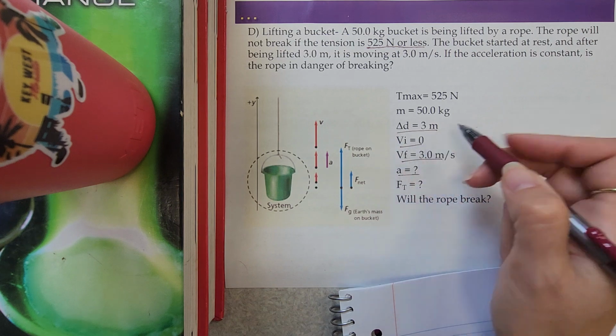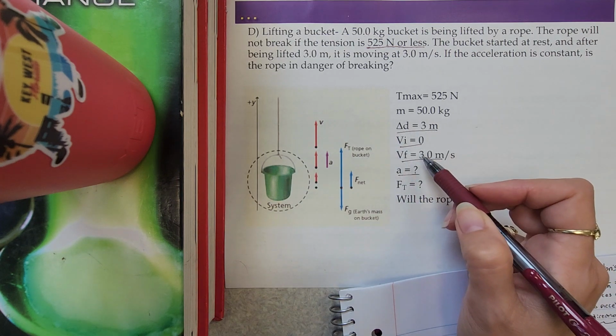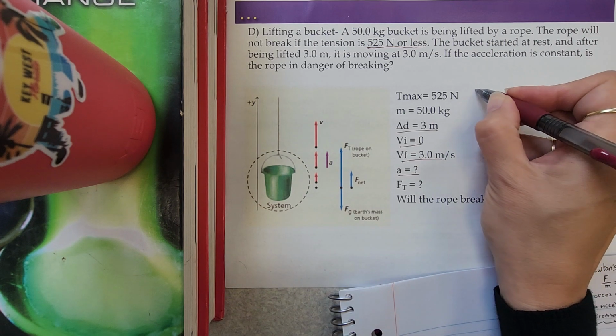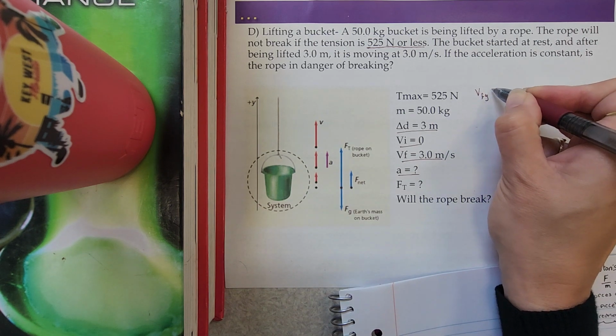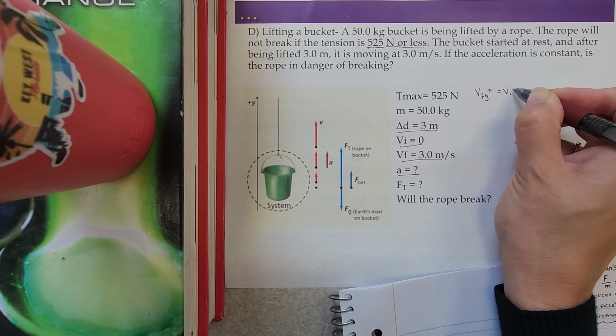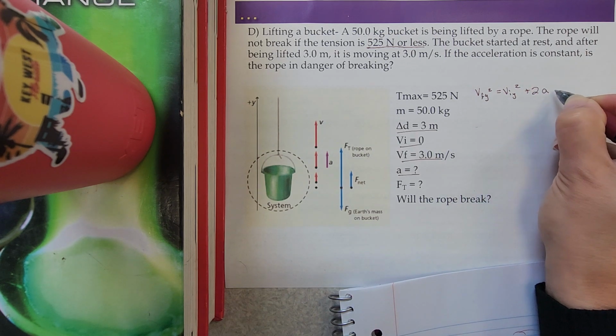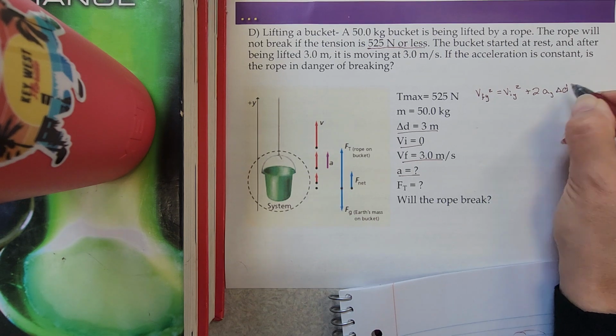So we're going to apply our kinematics equations where we don't have time here, so we're going to use that formula that's derived without time. The final velocity in the y direction squared equals the initial velocity in the y direction squared plus 2 times the acceleration in the y direction times delta d in the y direction.